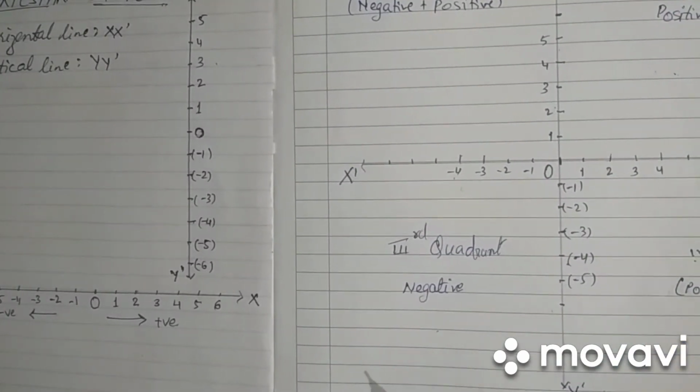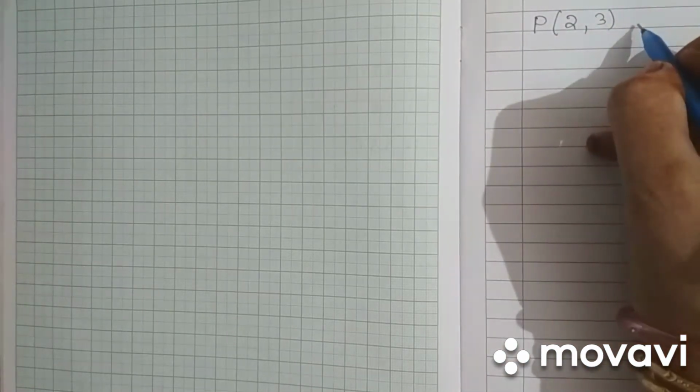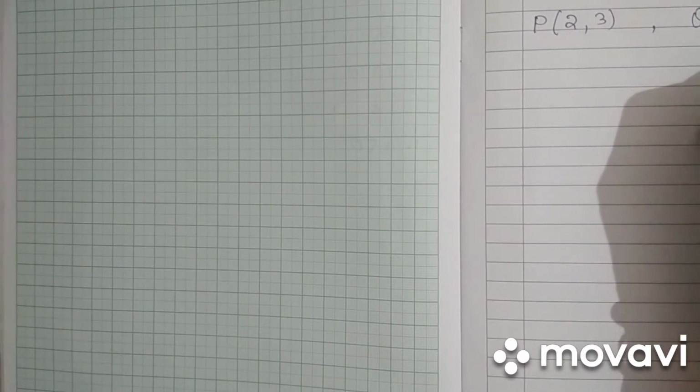This is our revision. Now, today we are going to study how we can plot a point like this: P in bracket 2, 3, Q in bracket -3, 7.